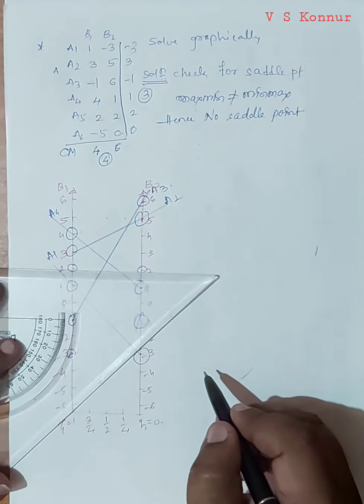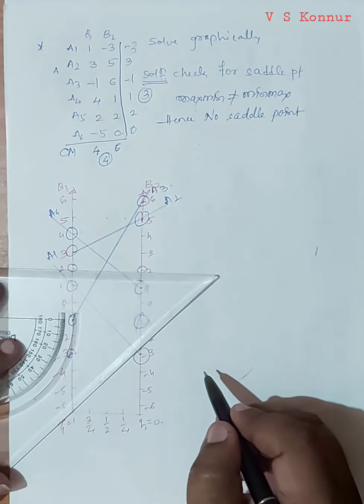So that is equal to D minus C, 1 minus 4, divided by A plus D, 3 plus 1 is 4, minus B plus C, 5 plus 4 is 9. That is equal to minus 3 by minus 5, that is equal to 3 by 5. So P4 is equal to 1 minus 3 by 5, 2 by 5.